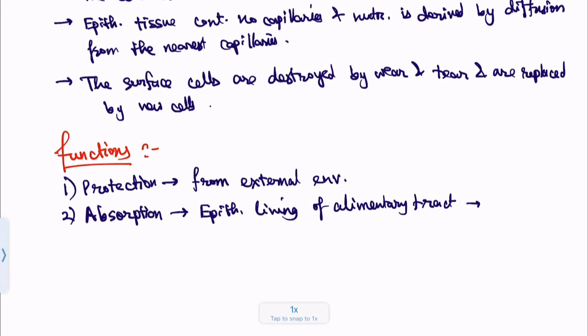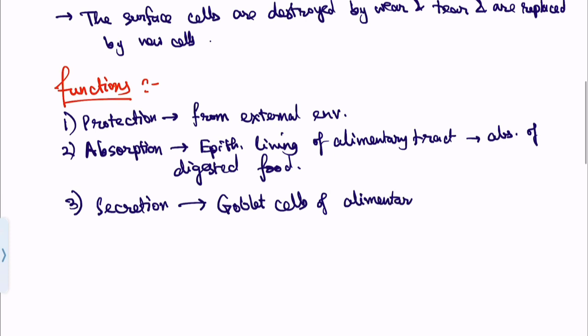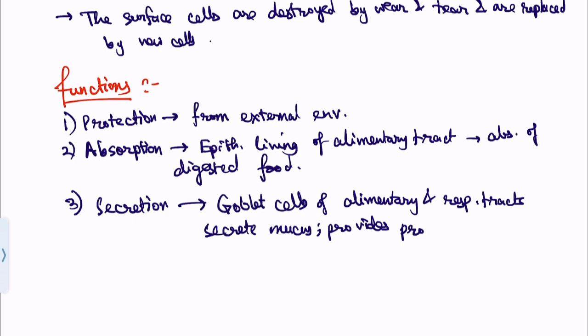Secretion. We know there are goblet cells in the alimentary canal, and respiratory tracts secrete mucus, which provides protection and minimizes friction.